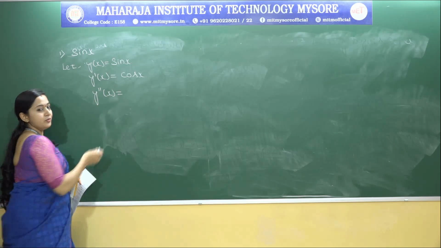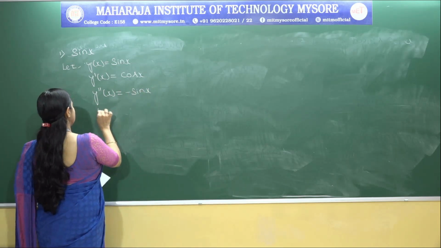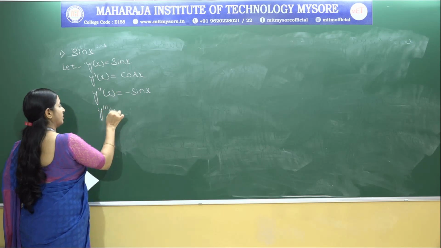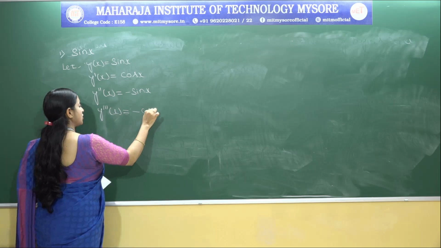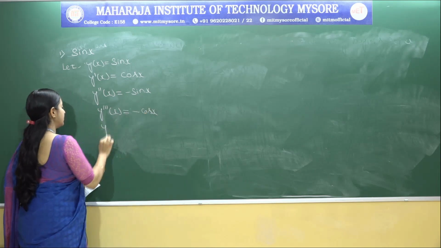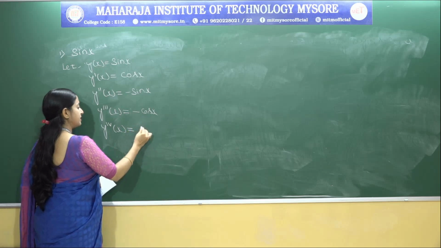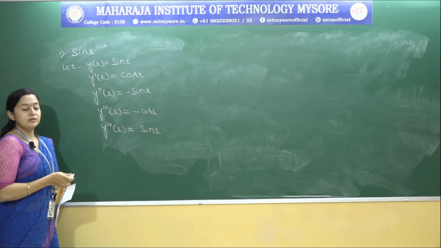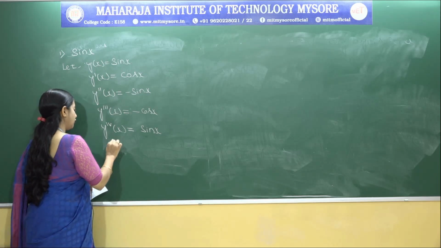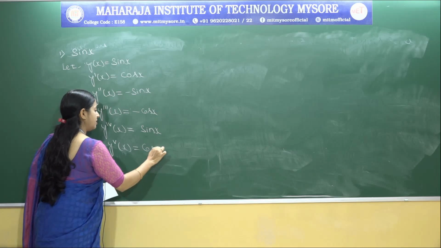The second derivative, the differentiation of cos x is minus sin x. The third derivative, the differentiation of sin x is cos x, and since you have the negative sign, retain it. The fourth derivative is minus sin x, and since you already have the negative sign, you will get the positive. The fifth derivative is cos x.